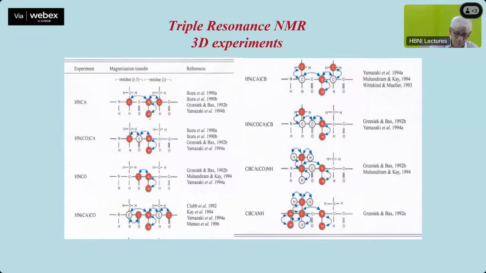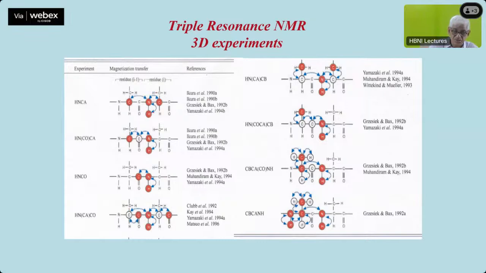Because you have the amide proton channel, the nitrogen 15 channel, and the carbon channel. All the three. All the red ones are the ones which indicate the nuclei which are observed in the experiment, in any one of the dimensions, it may be F1, F2, F3. F3 is by and large only the amide protons. F1 and F2 can be different ones.